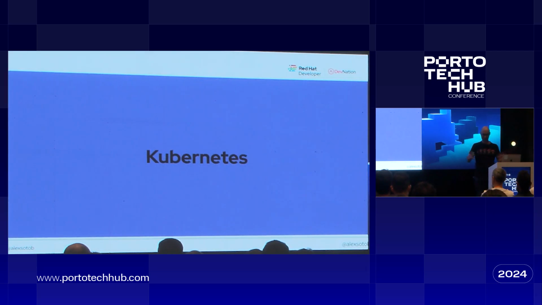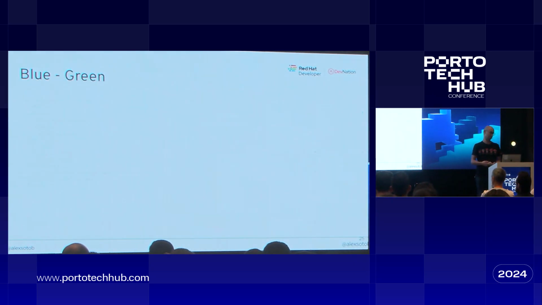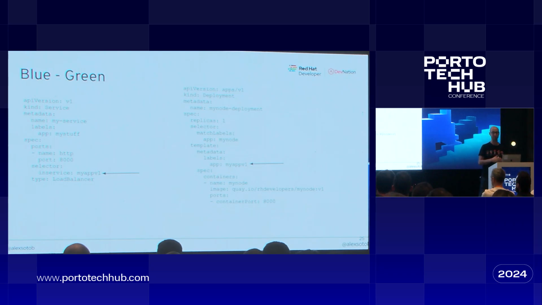So, okay, that's great. We've got the techniques. Let's see how we can apply some of them in Kubernetes. Yes, nowadays we can do blue-green deployment with Kubernetes. You create a Kubernetes service. You see that you've got this selector. In this case, the selector is app my-app-v1. And then I've got here my version 1, where you see that the label is exactly the same. So this means that this Kubernetes service is going to send all the traffic to this Kubernetes deployment.